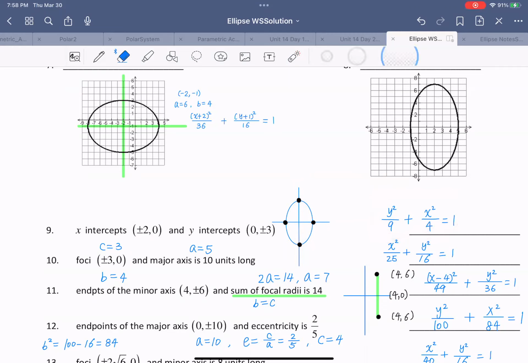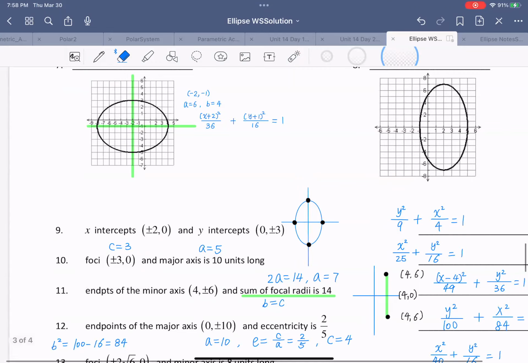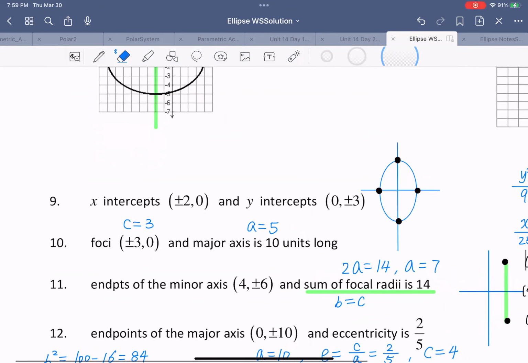And then for the next one, let me call a student. Sudisha, you have the foci and you have the major axis. The definition of the major axis length is 2a.